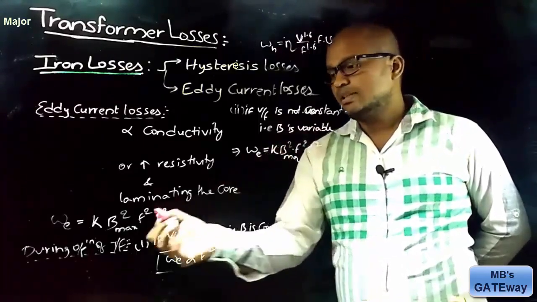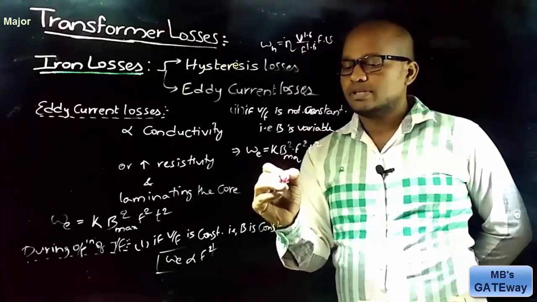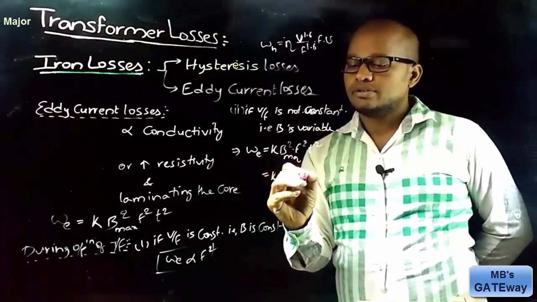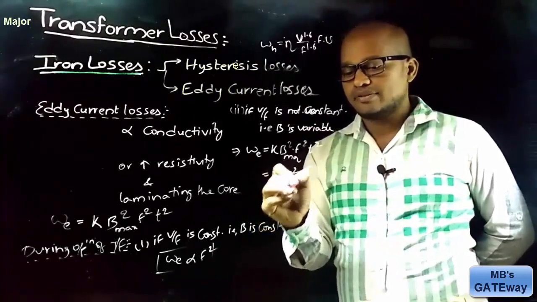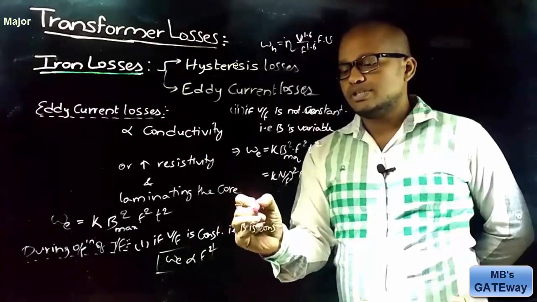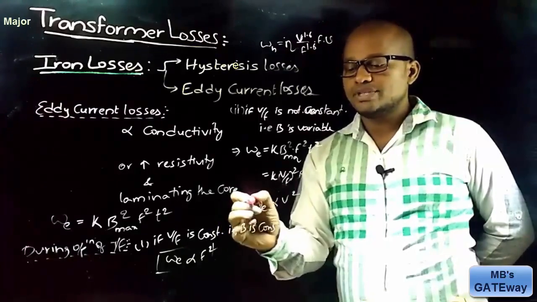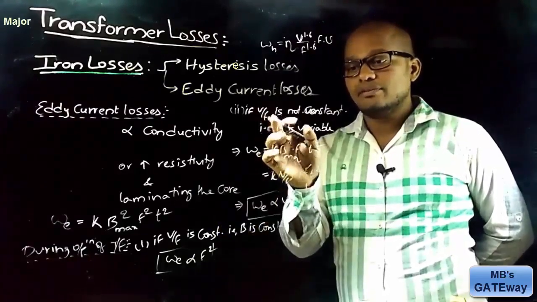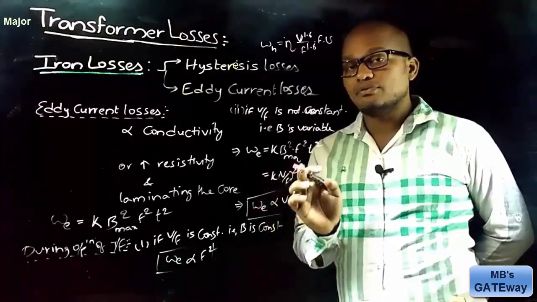In place of B, let's take V by F. So V by F whole square, F square into T square, which implies here F square gets cancelled, and now WE is directly proportional to V square. Therefore, if the V by F ratio is not maintained constant, then eddy current losses are independent of frequency.